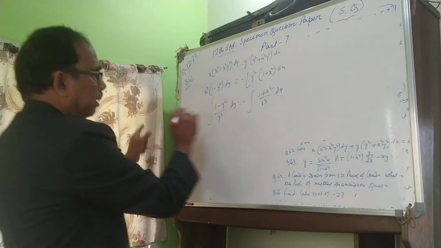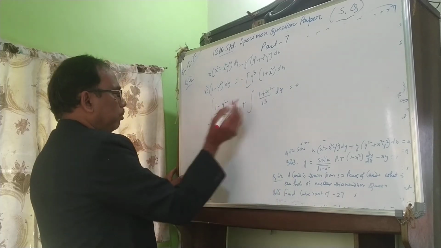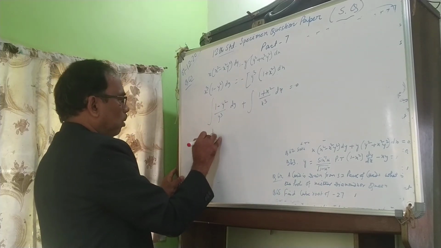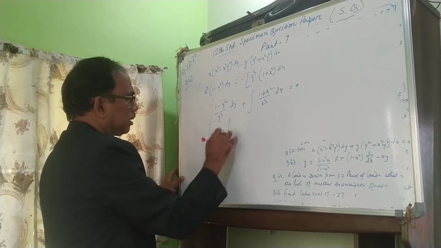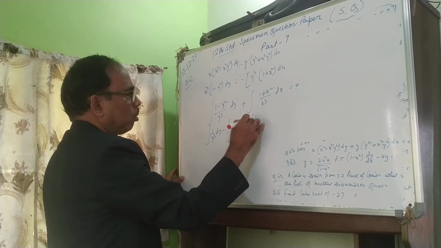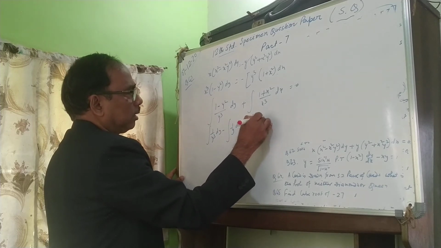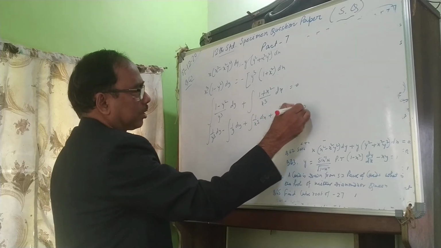Now this coming to the left hand side, this will be positive, equals 0. Now split: integration of 1 by y cube dy minus 1 by y dy, plus integration of 1 by x cube dx plus 1 by x dx equals 0.